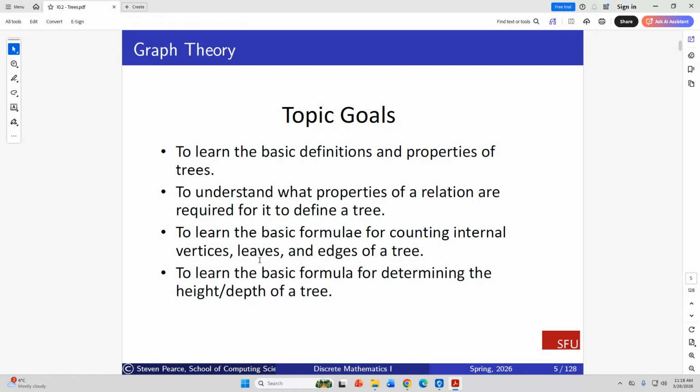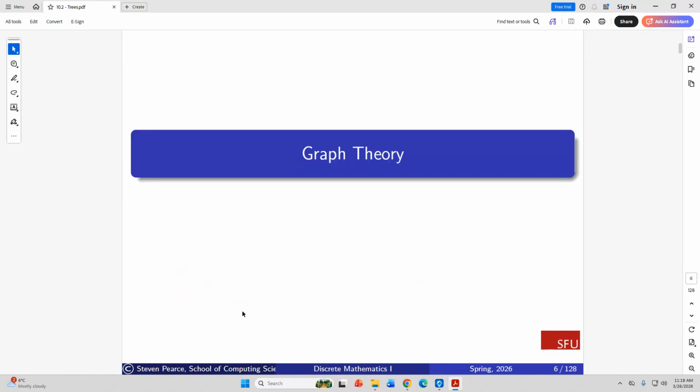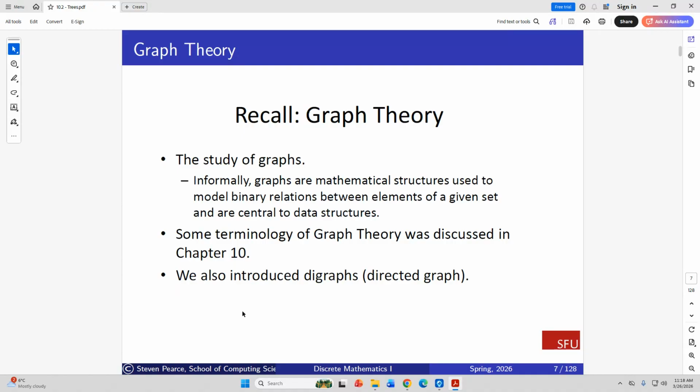To learn the basic formula for counting internal vertices, leaves, and edges of a tree. To learn the basic formula for determining the height, depth of a tree. Height and depth are two different things. So, graph theory review. Informally, graphs are mathematical structures used to model binary relations.